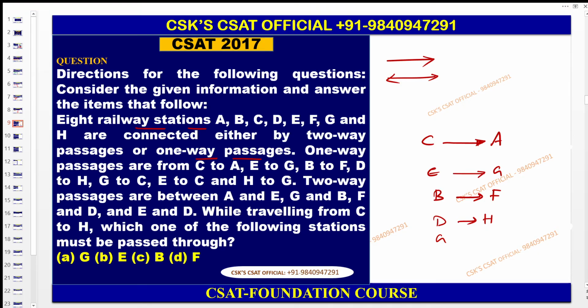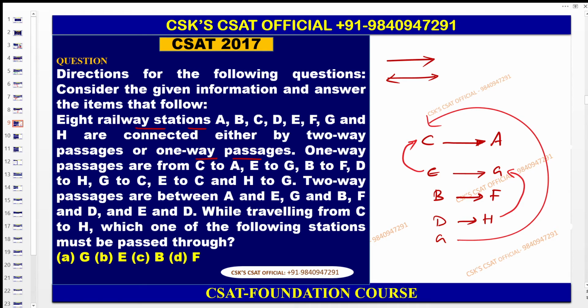G2C only one way. Next, E2C one way. Then H2G, H to G one way.